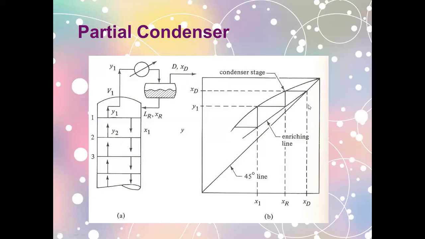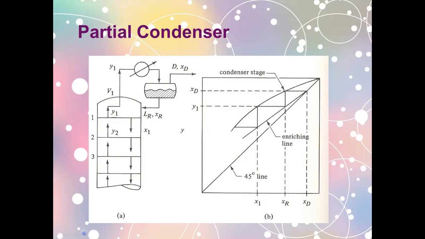In the case where the problem specifies that the column is using a partial condenser, you are not just going to subtract 1 from the theoretical number of stages, but you are to subtract 2, because the first stage appearing in your graphical technique is that of the condenser, but it's not yet part of your column.